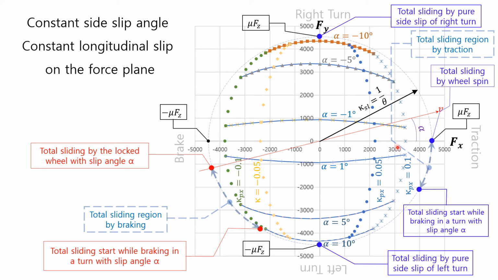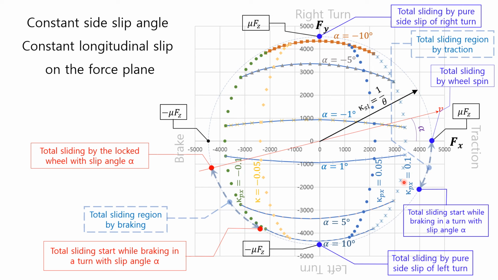The radius of the dotted circle surrounding them is μFz, which represents the maximum friction force that can occur in all horizontal directions. The maximum friction force μFz and the maximum combined slip can all be represented by a circle.